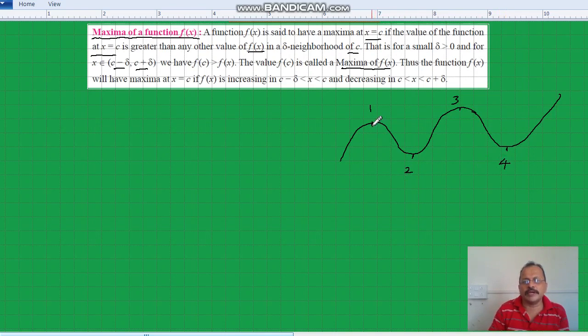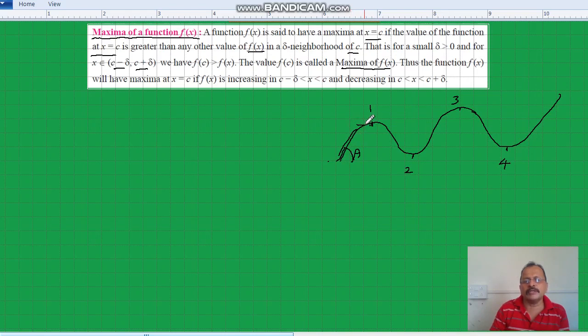At this first point, from the left up to this first point, observe that the tangent drawn has inclination less than 90 degrees. That means the function is increasing up to point number 1.